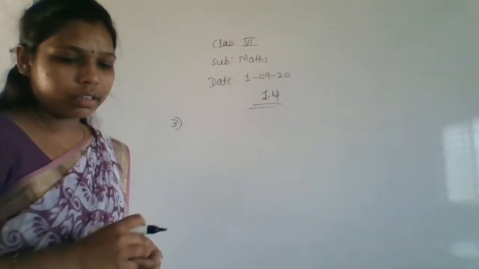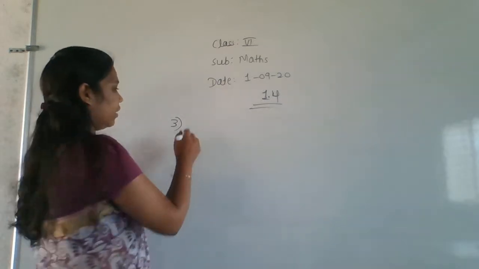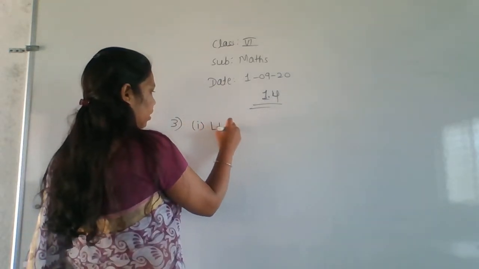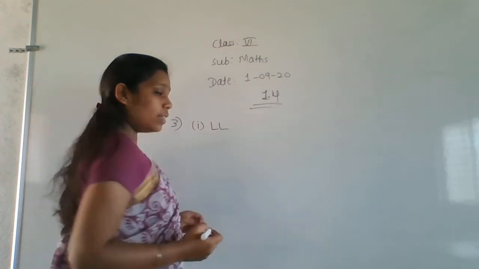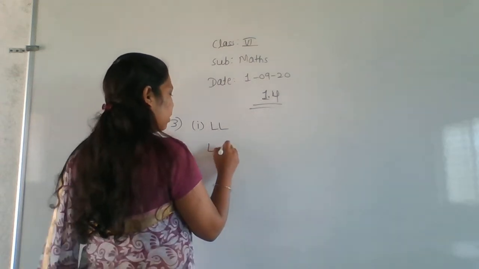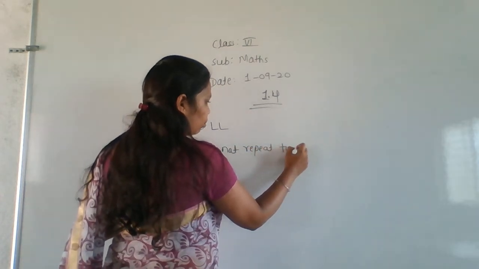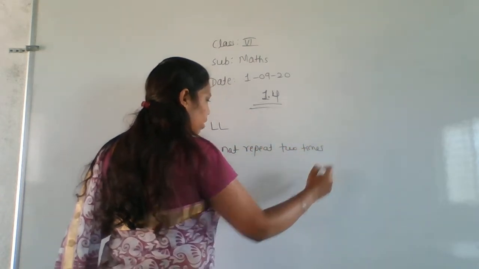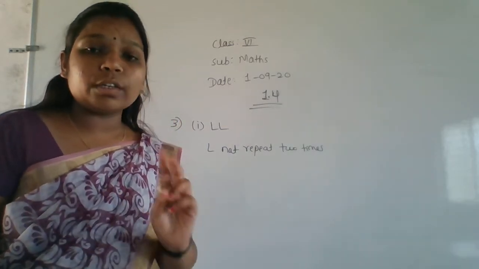They have given here: show that each of the following is meaningless. First one is LL. Why is it meaningless? Because L does not repeat 2 times. That is the rule in Roman numerals: L will not repeat 2 times.